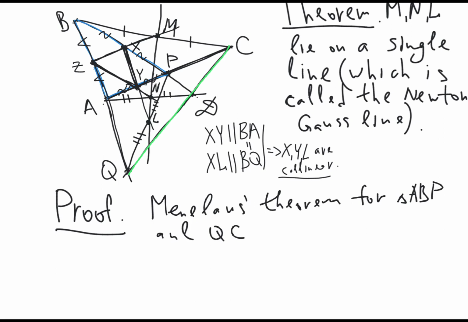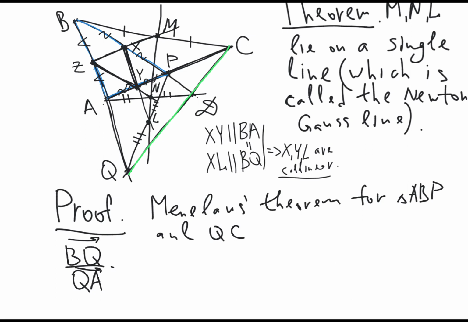is that we start with some vertex. Let's say we start with B and we go counterclockwise. So BQ over QA, right? Q is the intersection point of the green line with the side BA, well, the extension of the side BA of this triangle.